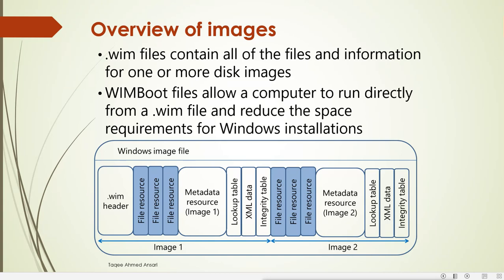First, an overview of images. In Windows, images use .wim files as the image file, and that image file has all the resources and data available to install the system.